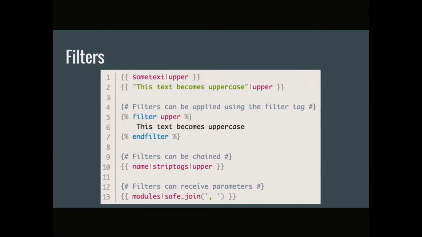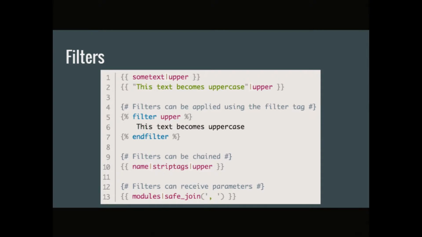Filters can be chained. So for example, in line 10, we have a variable called name, and we apply the strip tags filter, and to the result of that, we apply the upper filter to make things uppercase. And also, some filters can receive parameters.